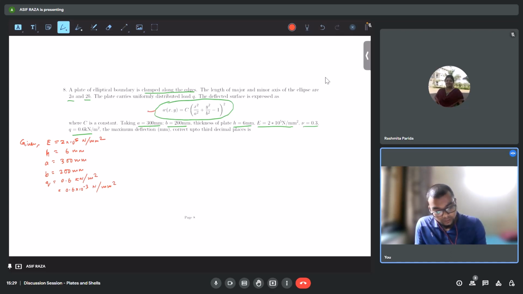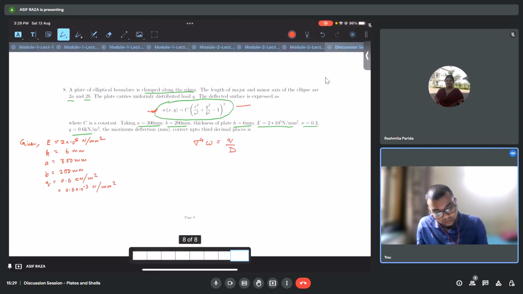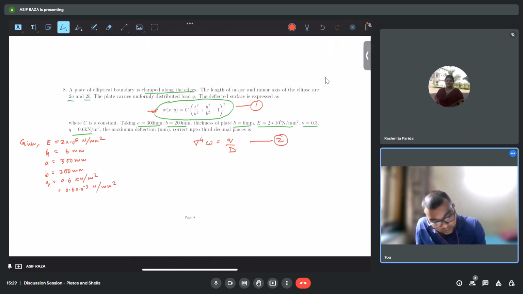So this is the deflected profile. We have the plate equation as del power 4 W equal to Q upon D, right? So this equation should also satisfy the plate equation number 2. So this is del power 4 W by del x4.